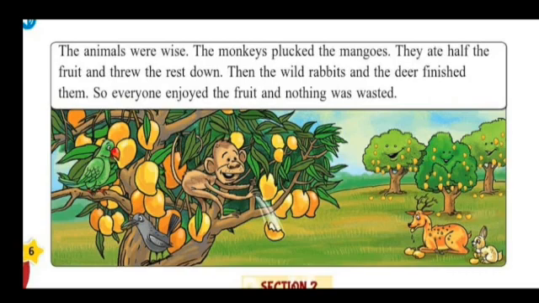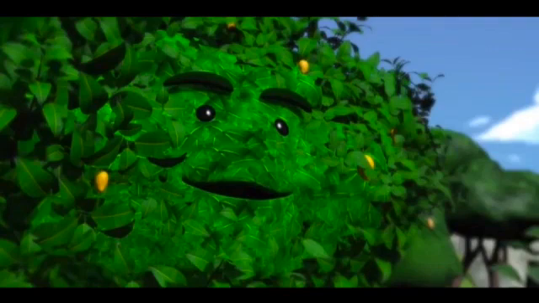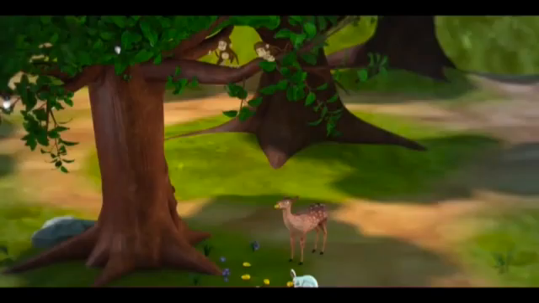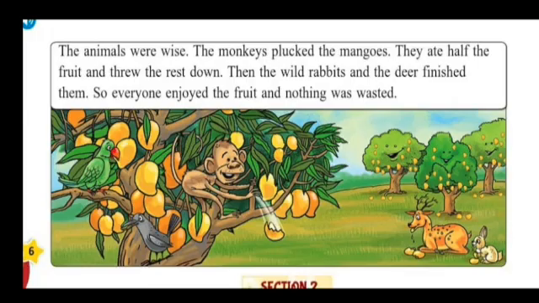So children, you can see that not only the people but also the animals obeyed the tree god. They were wise enough not to waste the fruit. The monkeys used to eat half of the fruit and throw the remaining half for the wild rabbits and deer to finish. So, in this way, they wisely finished the whole fruit and nothing was wasted.